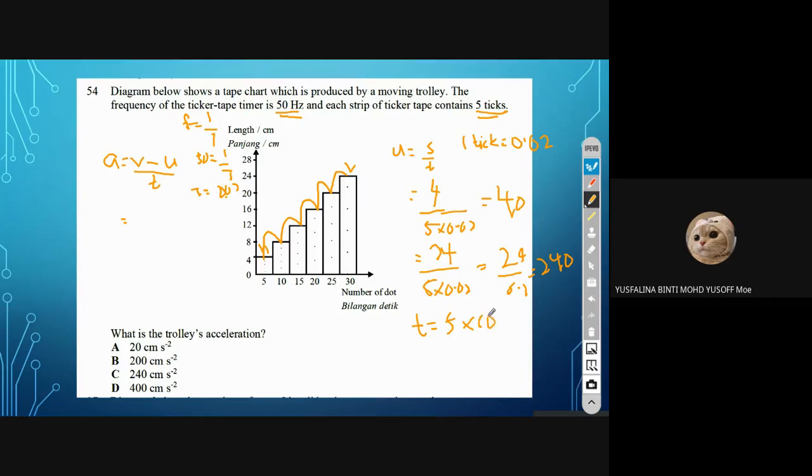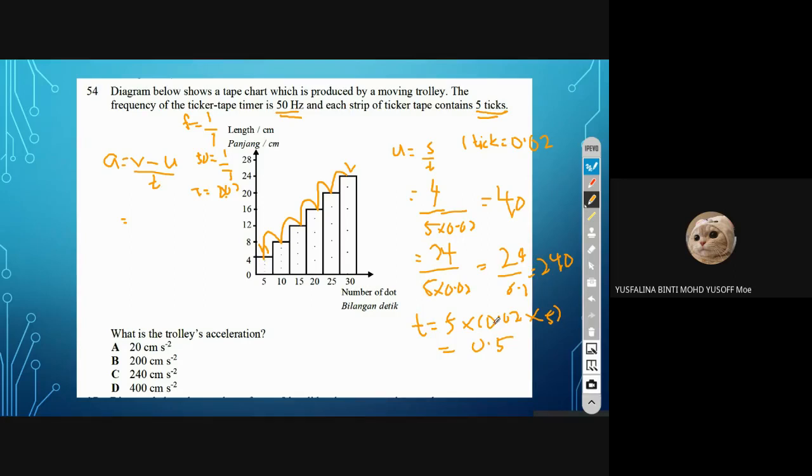It is 0.02 times 5 ticks, because each ticker tape contains 5 ticks and each tick is 0.02. So for the time taken, we just multiply here, and you get 0.5.